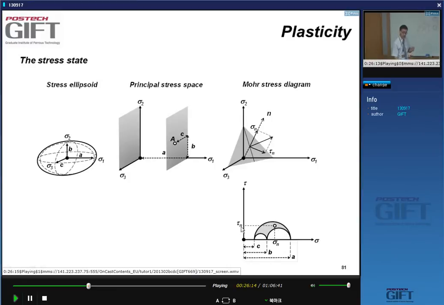And as long as my stress state, defined by tau n and sigma n, is within the largest of the 3 circles, my material will not deform, or not reach the specific maximum shear stress.